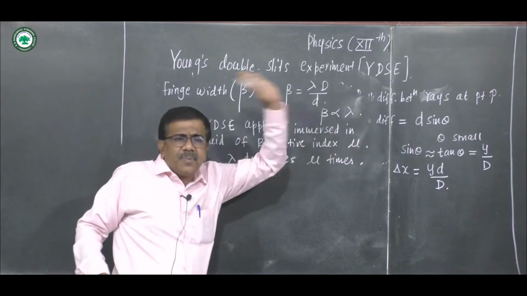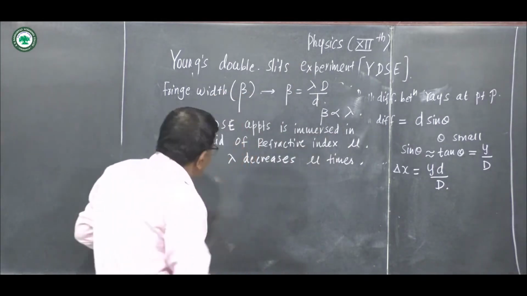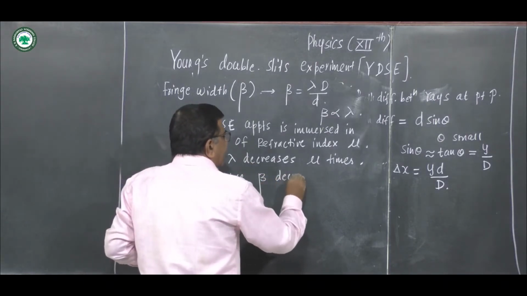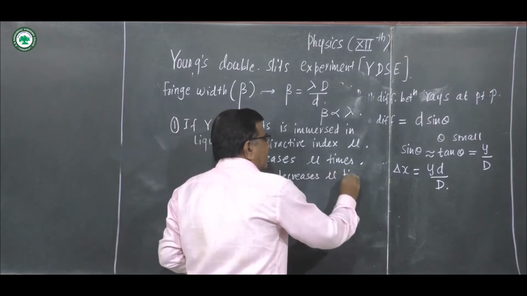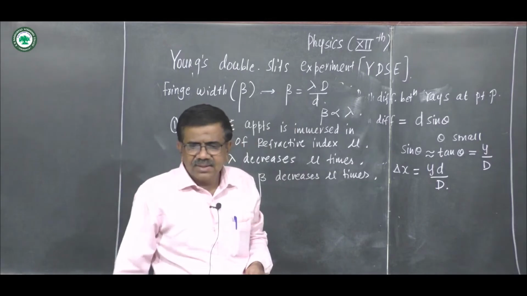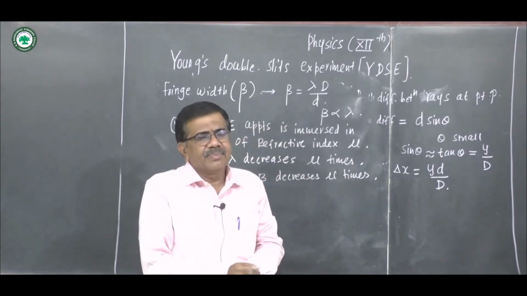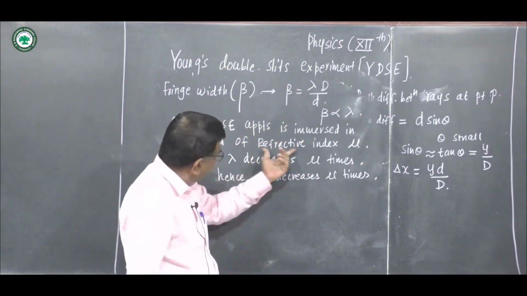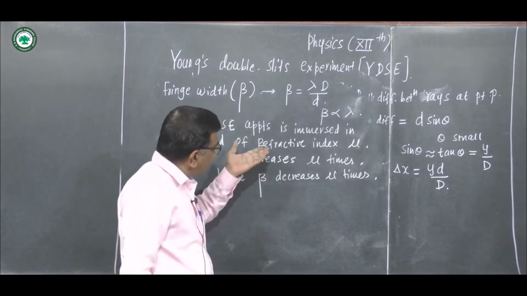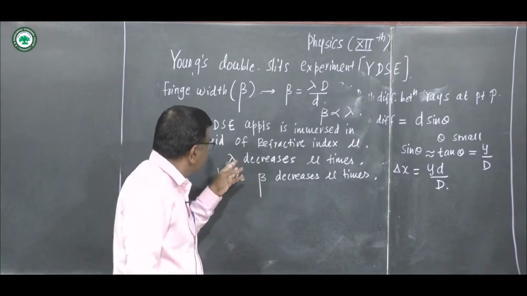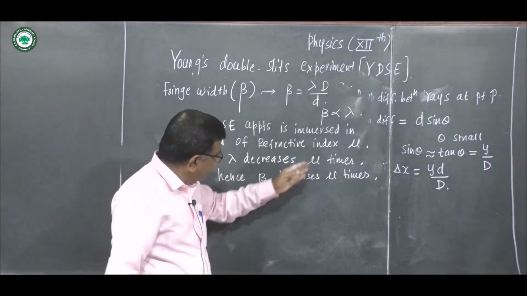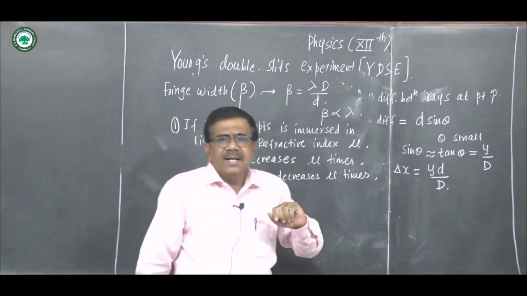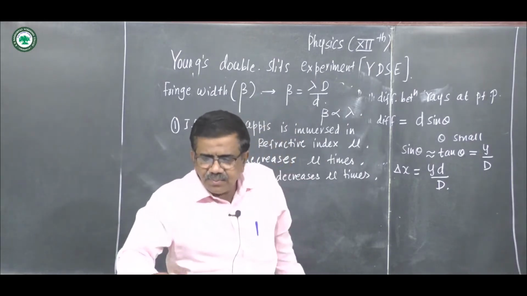And as beta is directly proportional to lambda, hence fringe width beta also decreases mu times. This is one important concept.